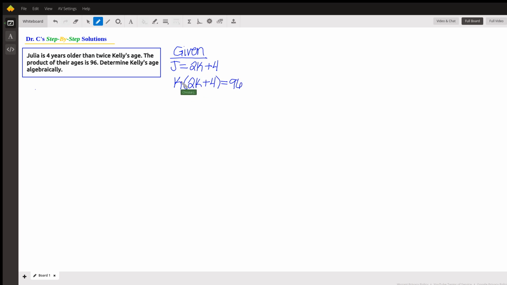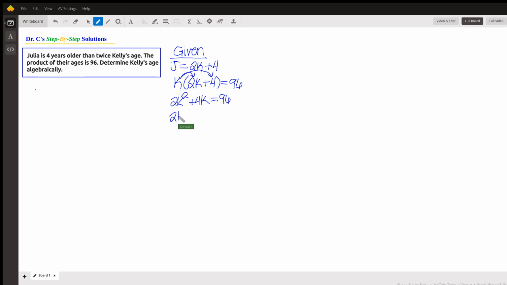Okay, so from here we can go ahead and distribute, and that would give us 2K squared plus 4K equals 96. You can definitely move this over to make sure we can set everything to 0.